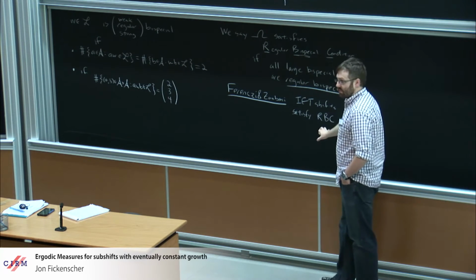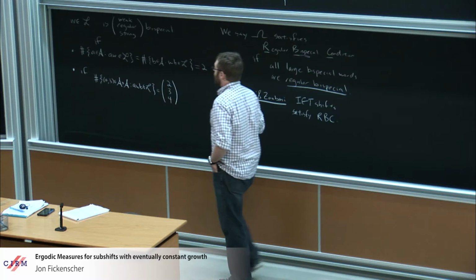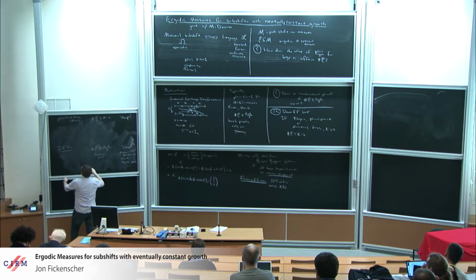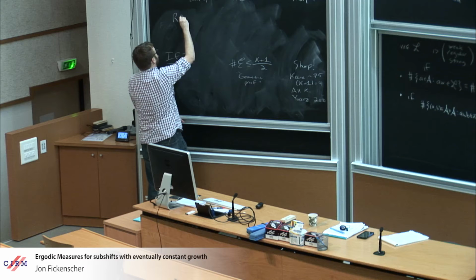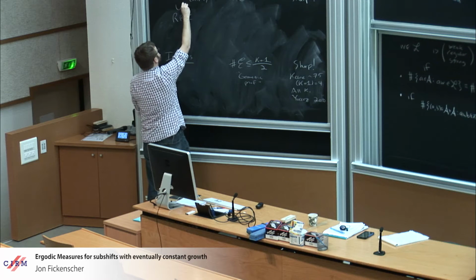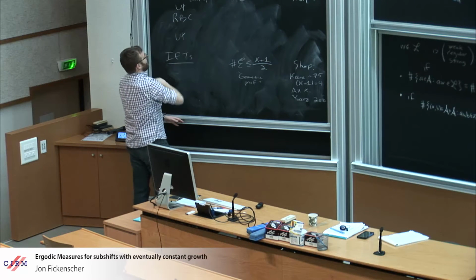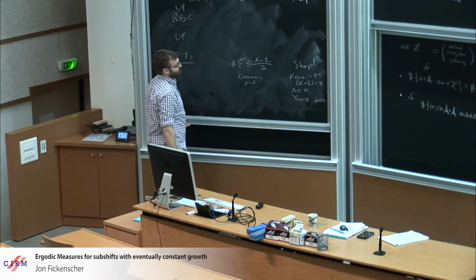It satisfies more, so this is just one property that it does satisfy. So we can correctly put the inclusions this way. So regular bispecial, a priori, is contained in here, and IETs are contained in here.